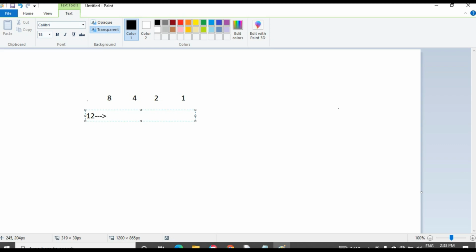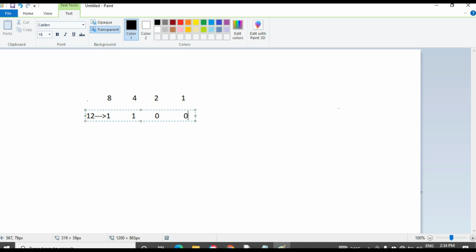Binary representation of the 12: 8, 4, 0, 0, 1 1 0 0.